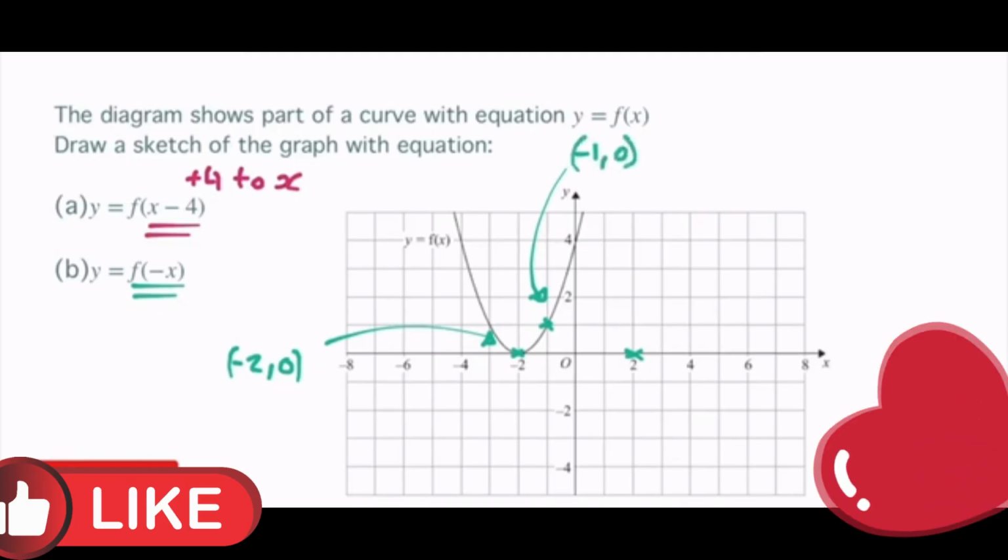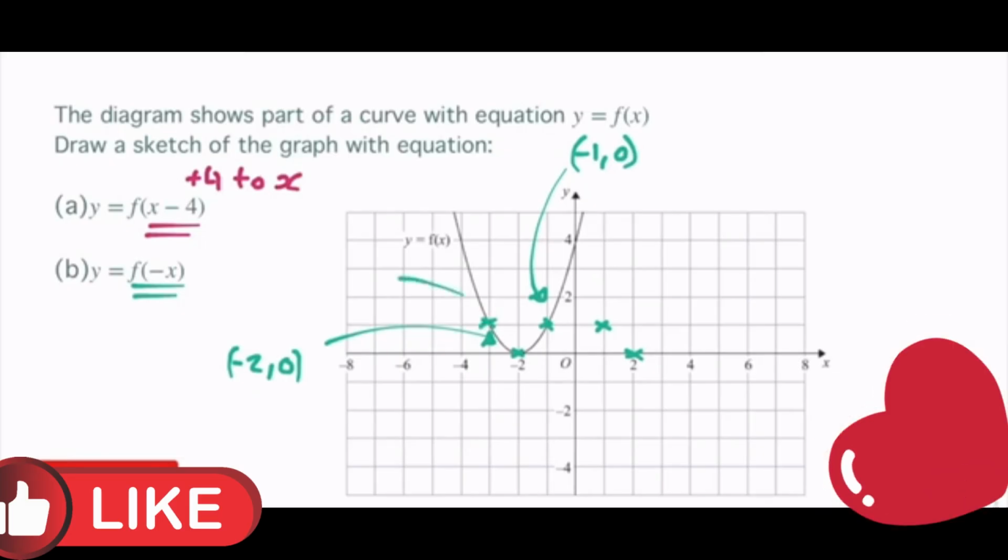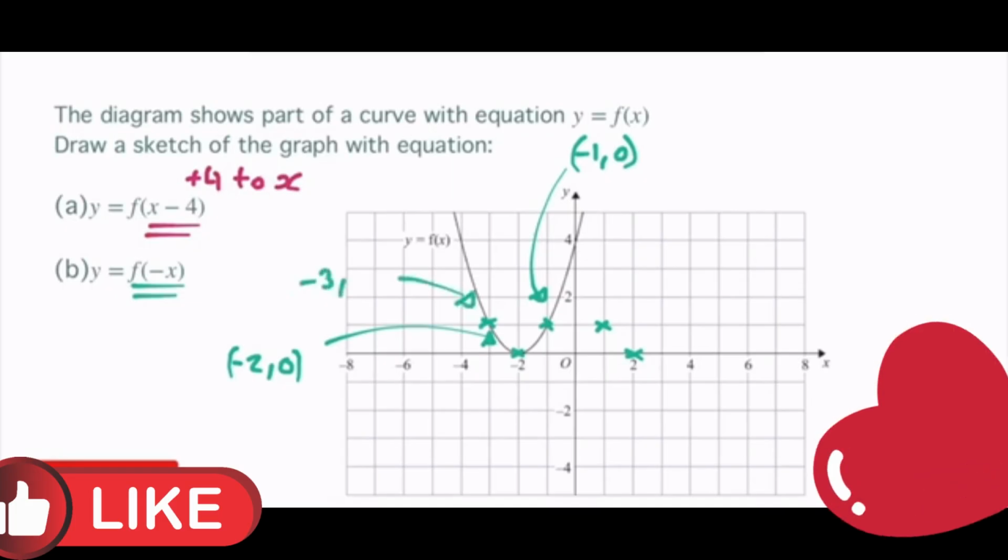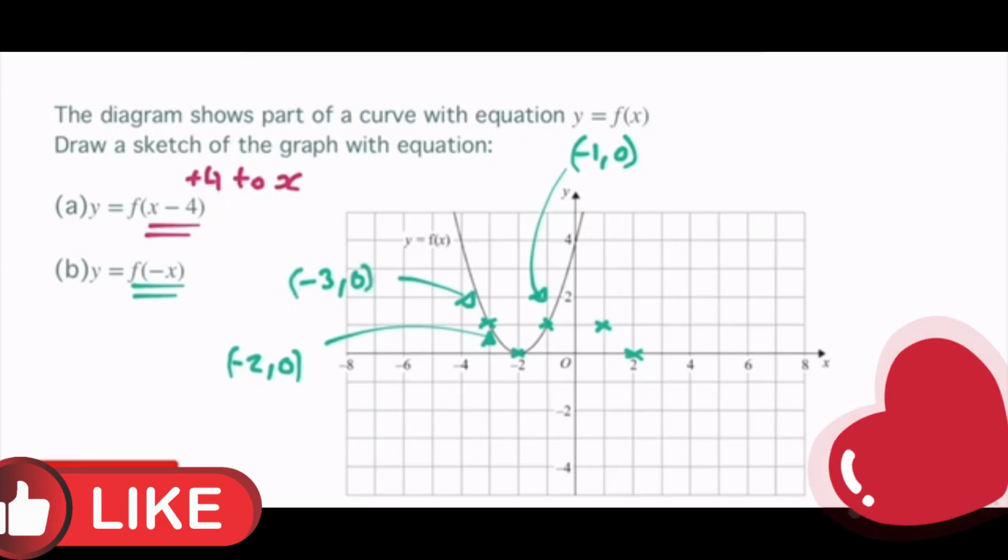And if we change the symbol in front of the x coordinate, that becomes positive 1, 0. So positive 1, 0 is there. And let's have a look at one more down here on the bottom. We might be able to figure out where the rest are going to go afterwards. This one here is minus 3, 0. And again, swapping the x coordinate there, that becomes positive 3, 0, which is just here.